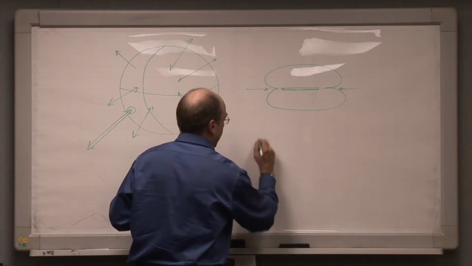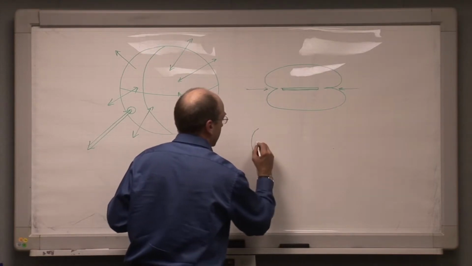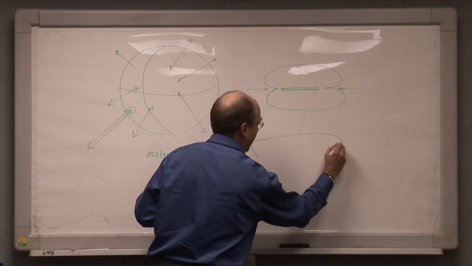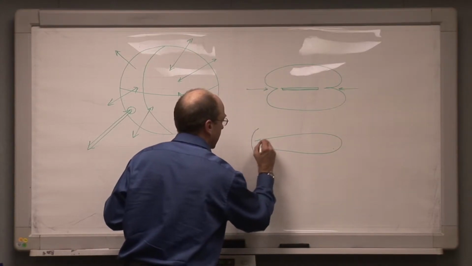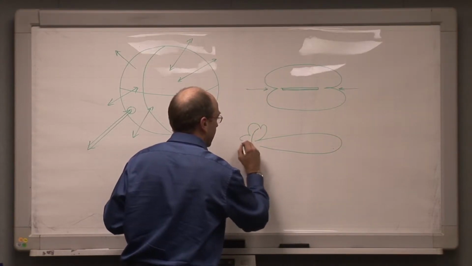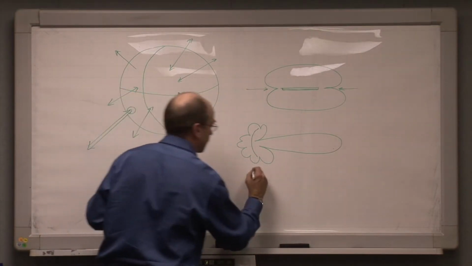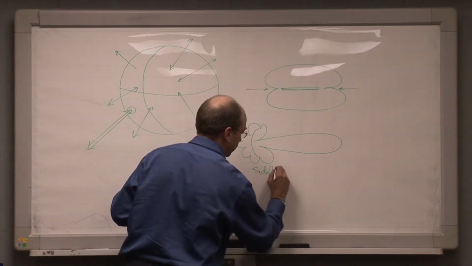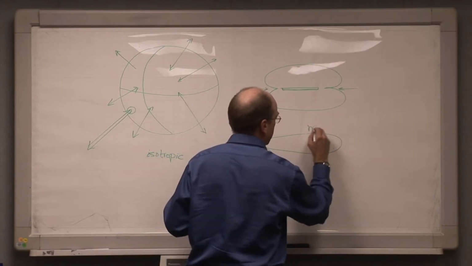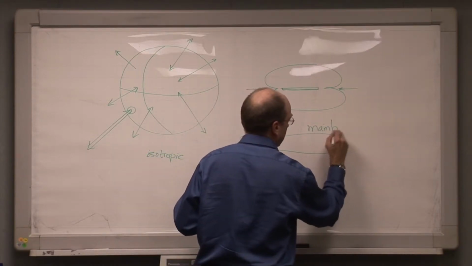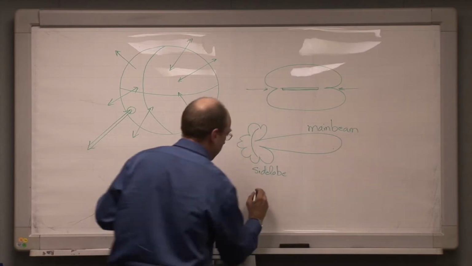Dish antennas and horn antennas, here's a dish, will have some kind of a directive pattern that looks something like this. And then inevitably, even though they're not desired, there will be non-zero side lobe structures. Here's the main beam.